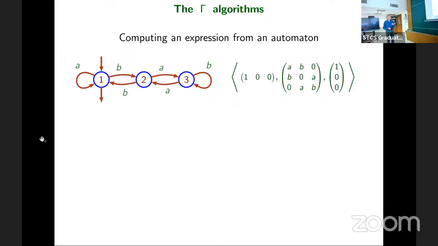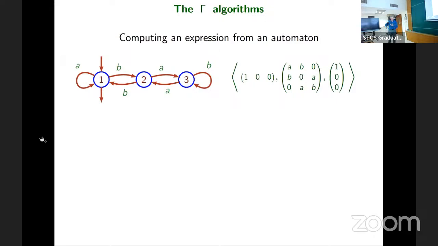I prefer by far to describe automata with matrices and vectors. The set of initial states is represented by a Boolean row vector. The final states by a Boolean column vector, and the automaton is represented by the transition matrix.